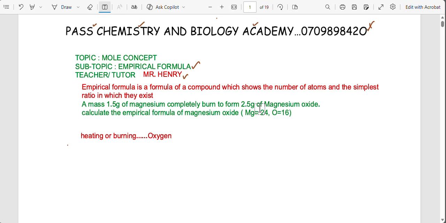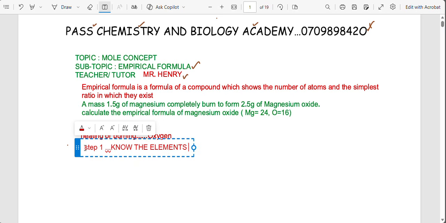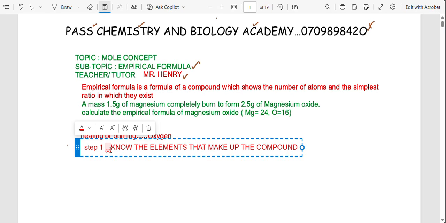How are we going to calculate it? First and foremost, when you're going to calculate the empirical formula, you should know the elements present in that compound. That is step 1. Let me write it here. Step 1, we should know the elements that make up the compound.